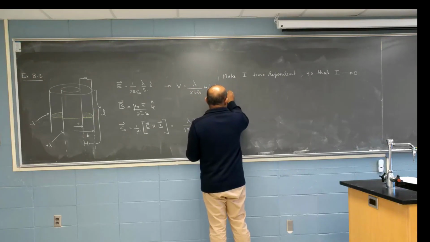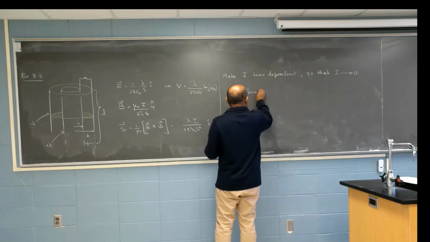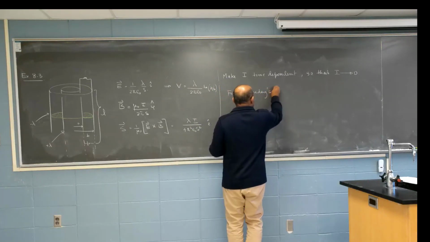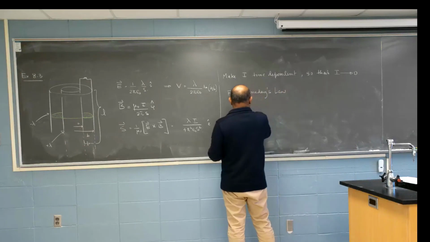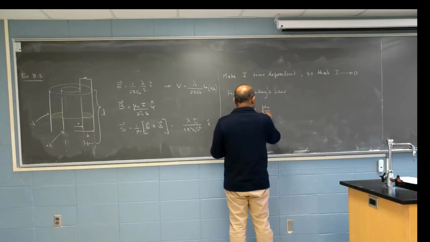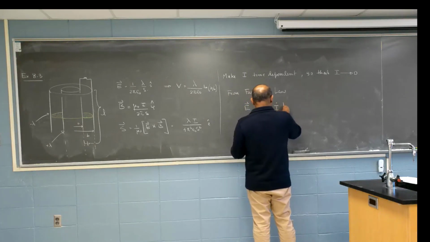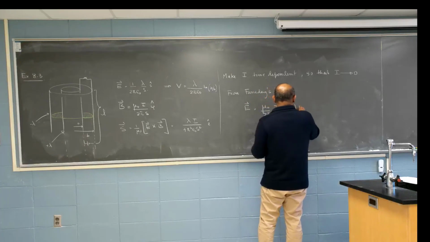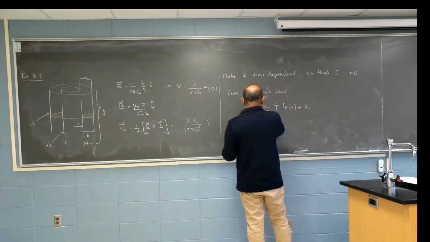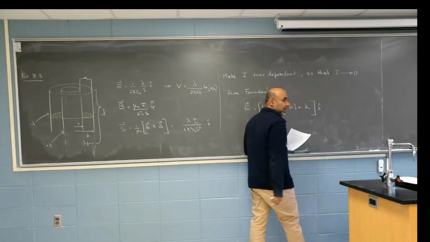So from Faraday's law, E is mu 0 over 2 pi, I dot, natural log of A plus K, in the z hat direction.